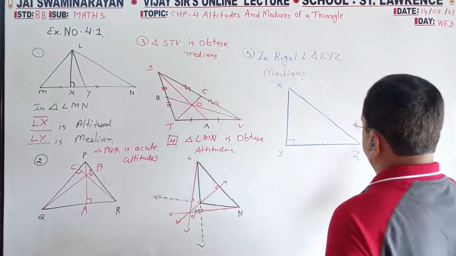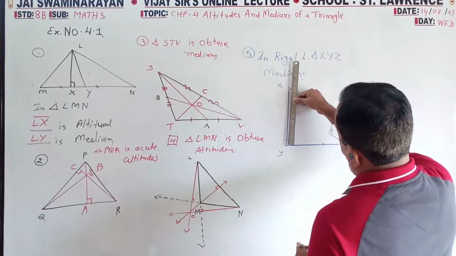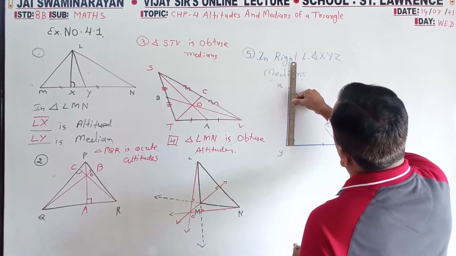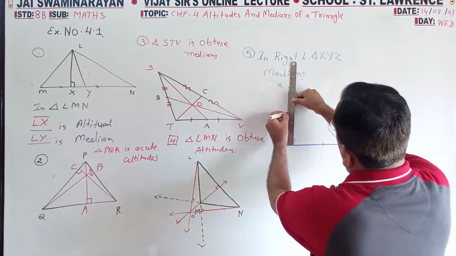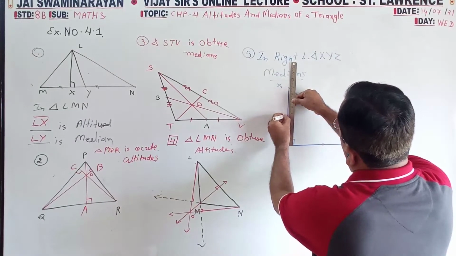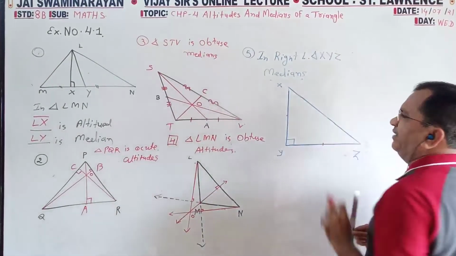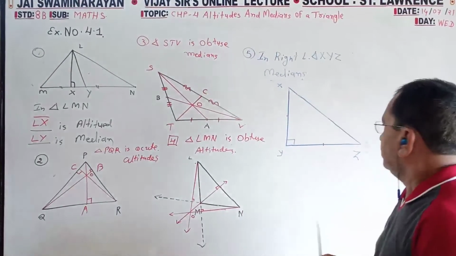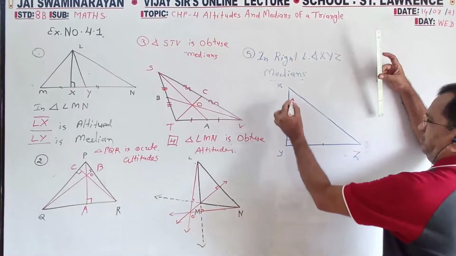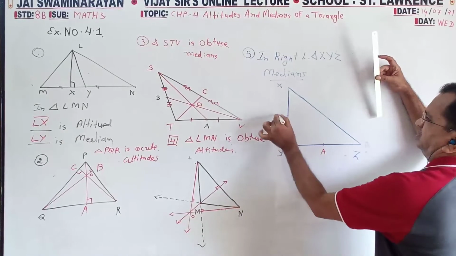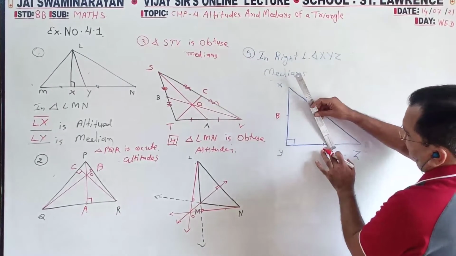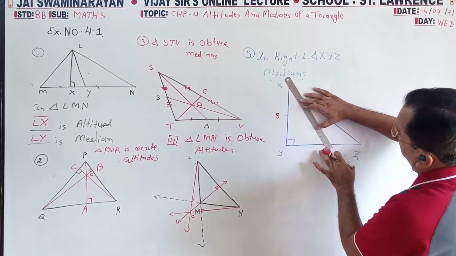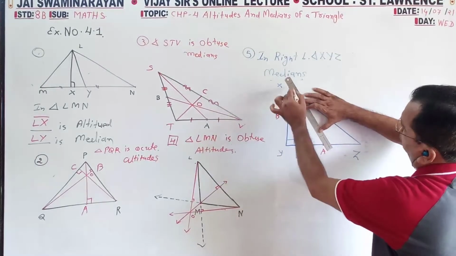Okay, and here. Third I will not show because third automatically you will get. How? Okay, this is A, this is B. C automatically we will get. So A you have to join.